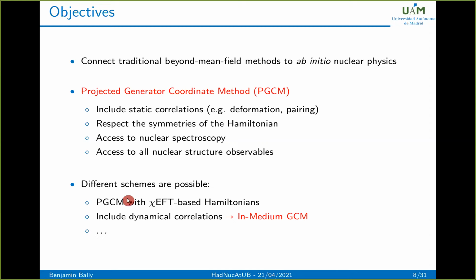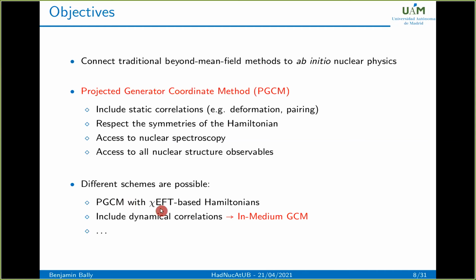But that's only the first step of what we can do. Basically, it can be considered as the order zero of your approximation. Similarly to, for example, methods such as many-body perturbation theory or coupled cluster, where at order zero you have HFB or Hartree-Fock calculations, and then you build more correlations on top of it. You can do the same thing, but instead considering a much more correlated wave function, the wave function you obtain through PGCM calculations.